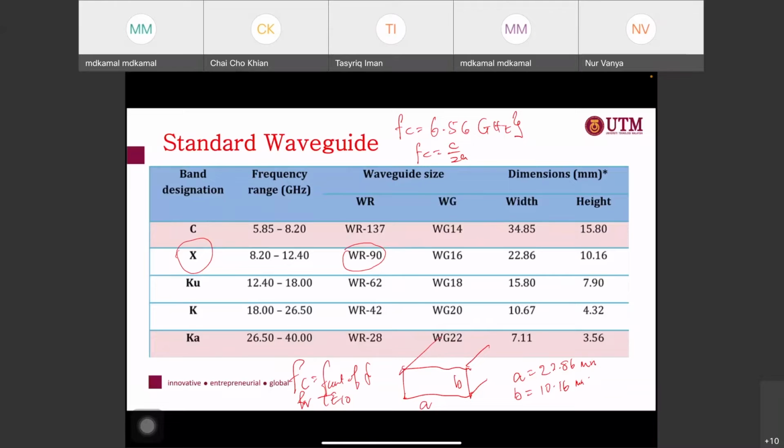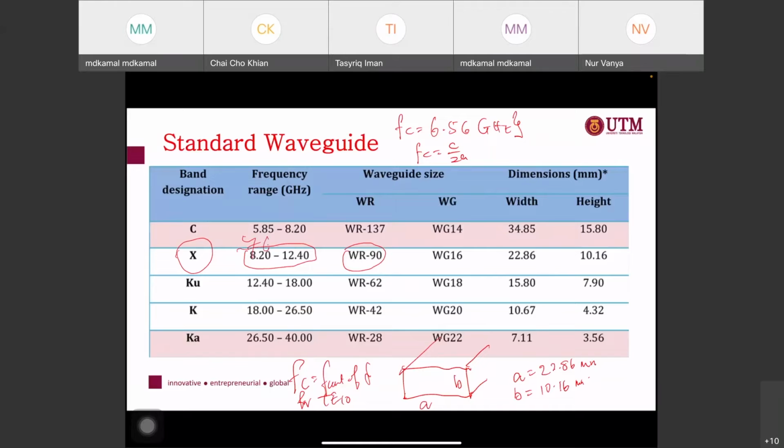But as a standard waveguide, they want to use this waveguide at 8.2 to 12.4 gigahertz. That is okay, because actually you can also use this waveguide to transmit at 7 gigahertz, 7.5, and so on. But the standard given for the X band is this particular range of frequency.